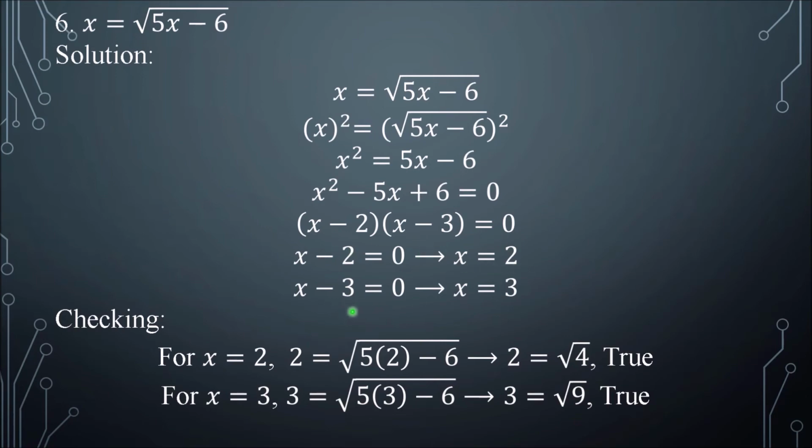X minus 3 is equal to 0. So transferring negative 3 to the other side, it will become x is equal to 3. So you have now the two values of x. Why two values?